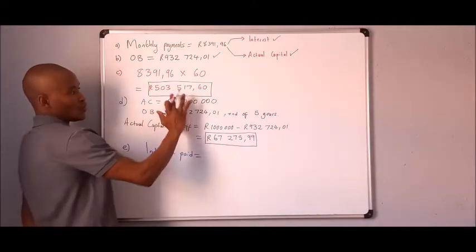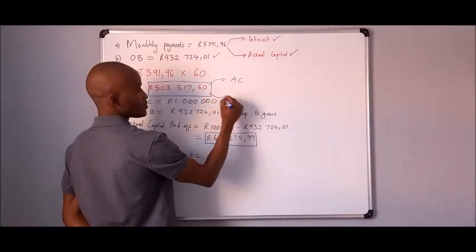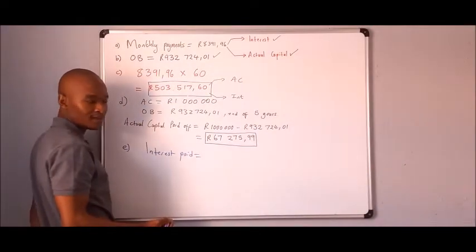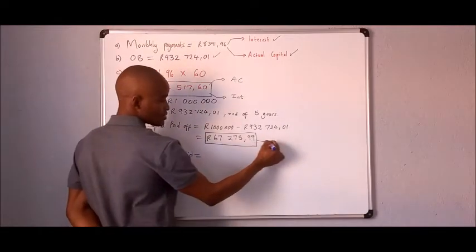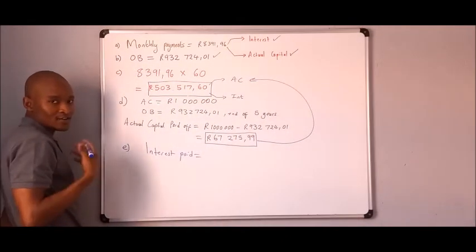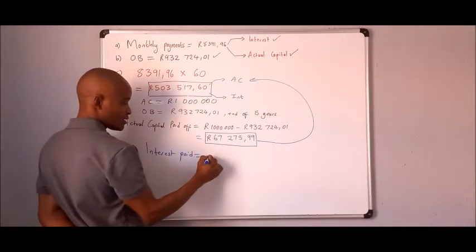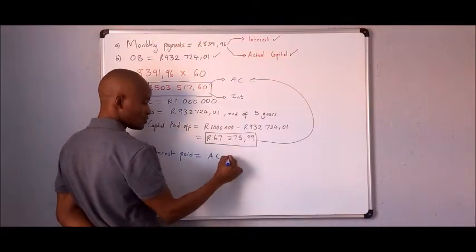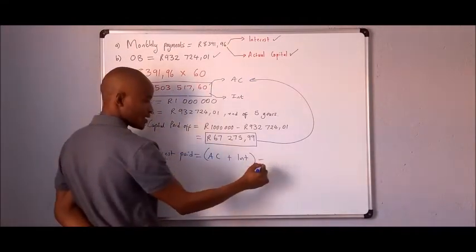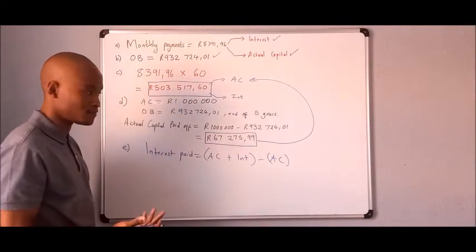How can we get the interest paid at the end of 5 years? We know that this includes actual capital paid and also the interest paid. So we take the actual capital plus the interest, which is this figure, and we subtract the actual capital paid. What is our time period? At the end of 5 years.